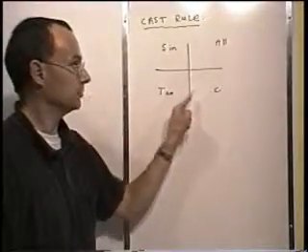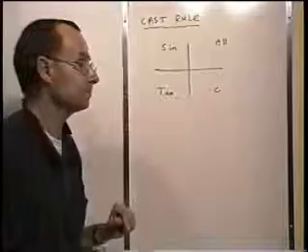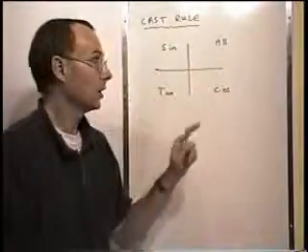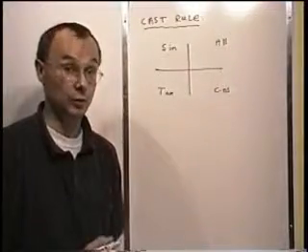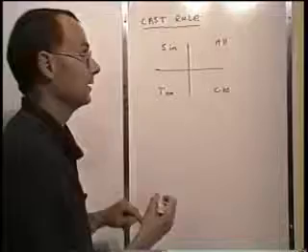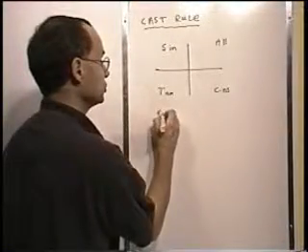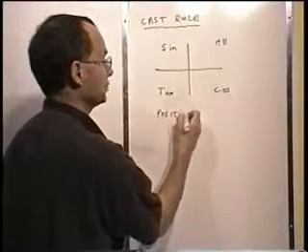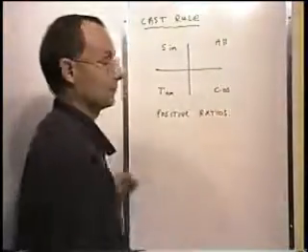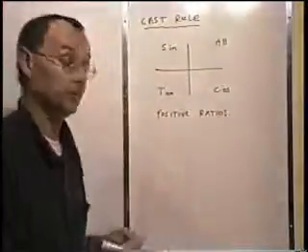And finally, between 270 and 360, only the cosine and secant are going to give us positive trig ratios. So what the CAST rule does for us is it tells us which trig functions give positive ratios. And at a glance, we can tell.